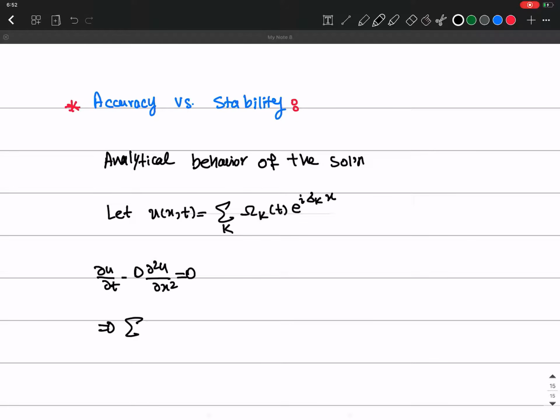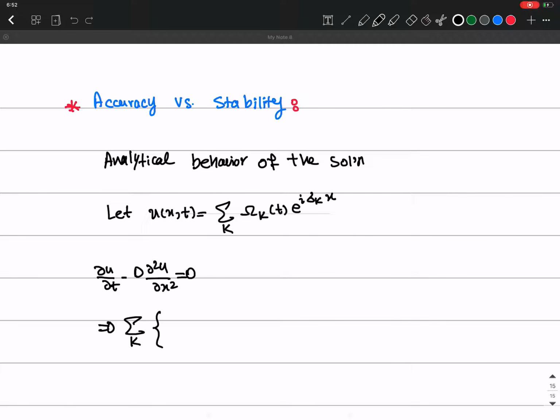in terms of this Fourier series, as sum over k. The first term is a partial derivative in time, so the only thing that is a function of time is this omega_k.